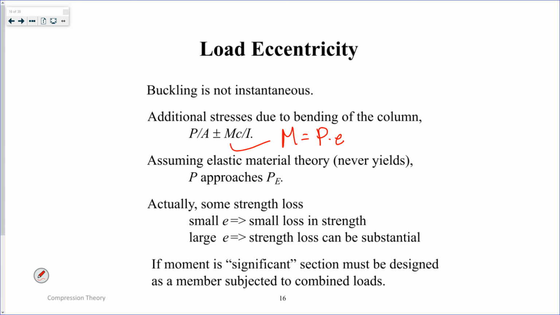But since it might be substantial, if we have a large enough eccentricity, we could reach yielding, and that would result in significant loss of strength. If the moment is significant, the member must be designed as a member subjected to combined loads, being axial and moment.